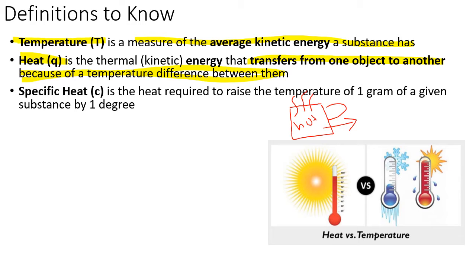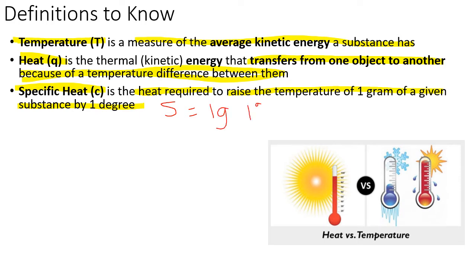And then the last one, specific heat. Specific heat, which will be symbolized with a C, is the amount of energy required to raise the temperature of 1 gram of a given substance by 1 degree. So let's say something has a specific heat of 5. That means to raise 1 gram of it 1 degree Celsius, it would need 5 joules of energy.